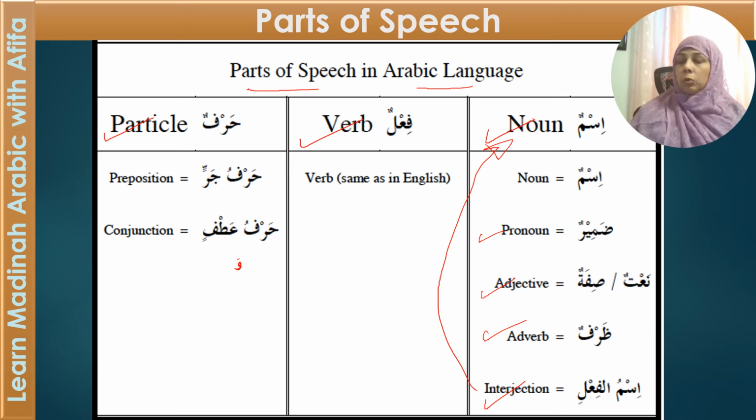And you do not have to learn these Arabic terms right now, since we have lessons to cover all of these categories in the future, inshallah. Verb fi'l is the same as in English, and harf will cover things like also prepositions and conjunctions. Again, something that we will study in the future, inshallah.